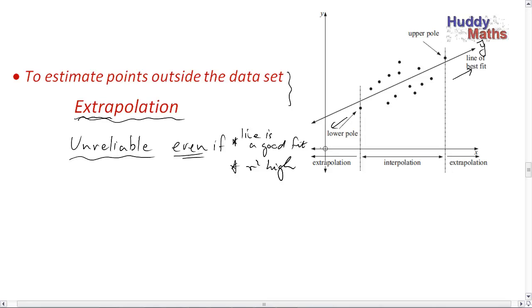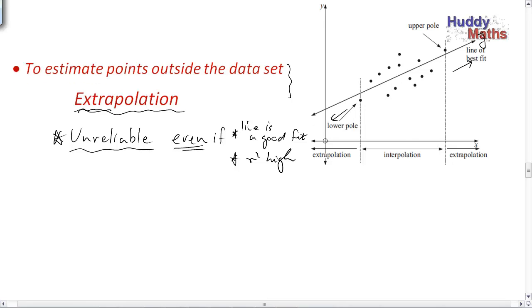Why do you think? Think about the spring. Why do you think extrapolation might be unreliable? And this is the standard response, so please learn that. And then you've got a comment as well. Because even if the line's a good fit and r squared is high, extrapolation, getting extra points, is likely to be unreliable.